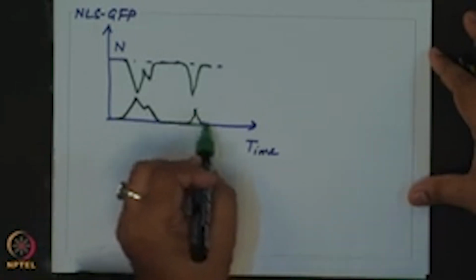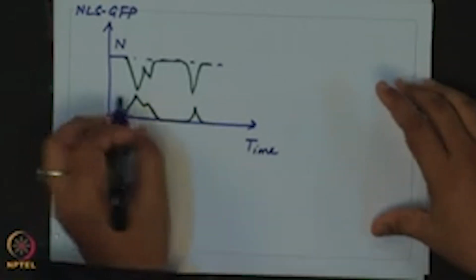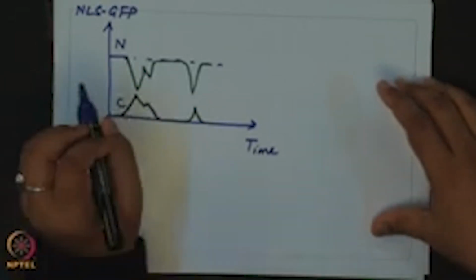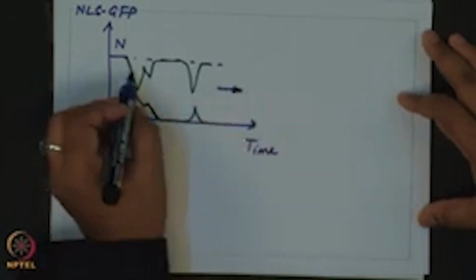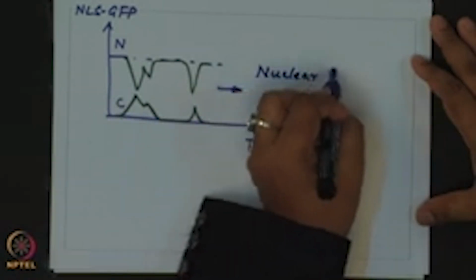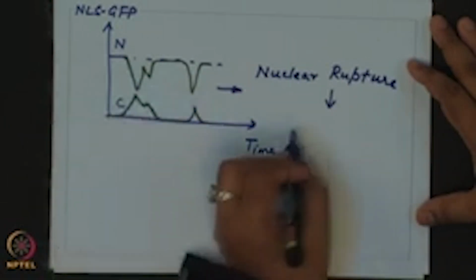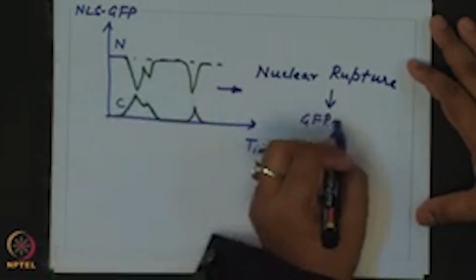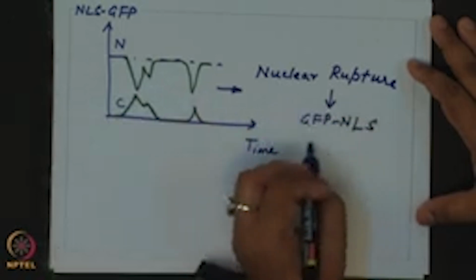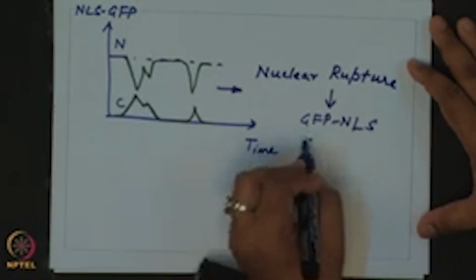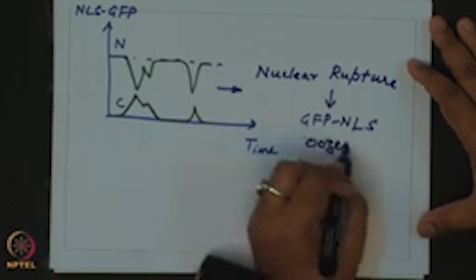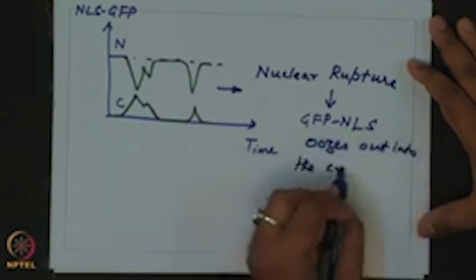This suggests that every time there is a nuclear rupture, since GFP NLS is soluble, it oozes out into the cytoplasm.